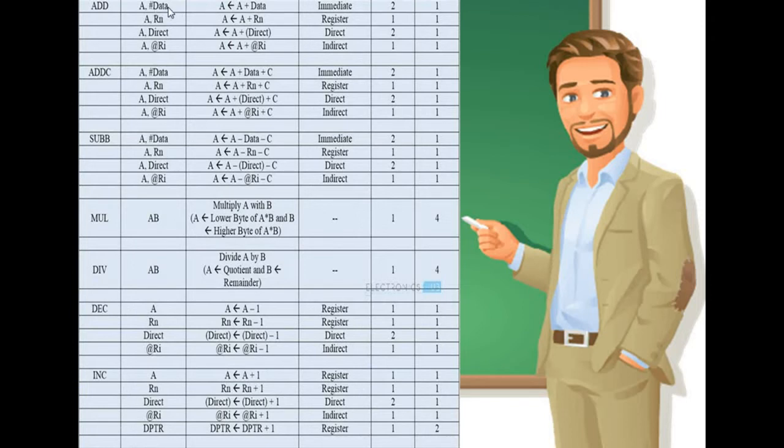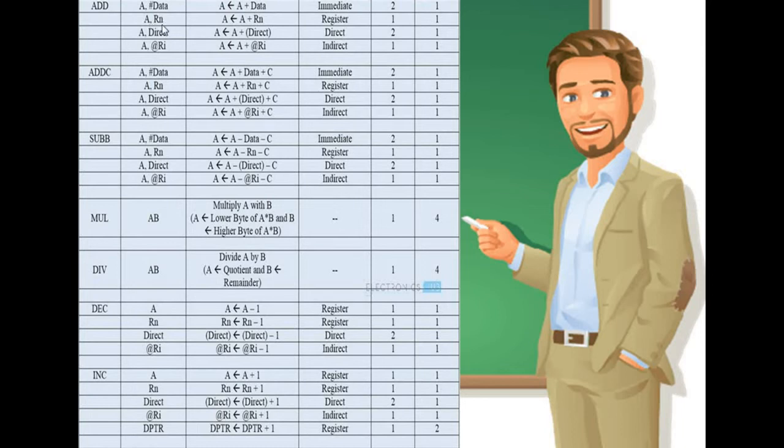Suppose #6C, this 6C is directly added to the contents of A. After this operation, the value of the accumulator equals the contents of the accumulator plus the immediate data given in the instruction, and it is 2 bytes in length and takes one cycle.